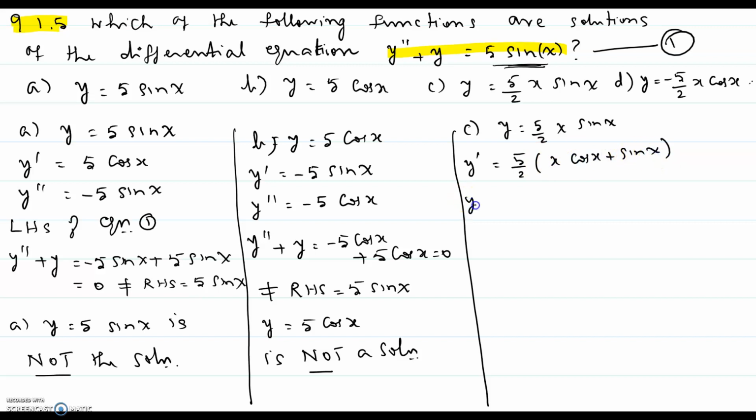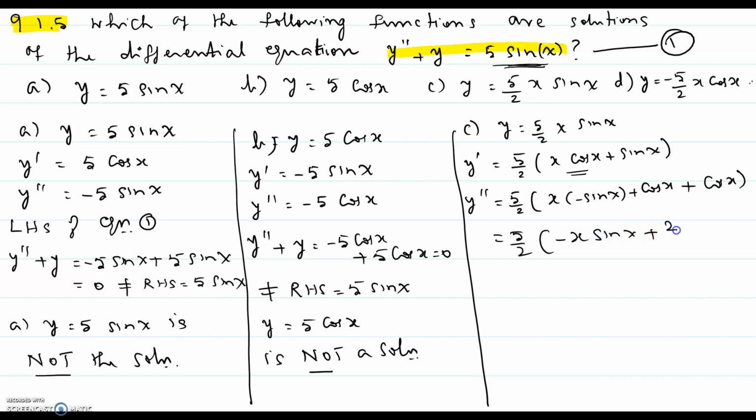Now y double prime is 5 halves, and we have to do the derivative one more time, applying the product rule: x times negative sin x plus cosine x times 1. So that completes the derivative of the first part. The second part is the derivative of sin x, which is cosine x. So it is 5 halves times negative x sin x plus 2 cosine x.